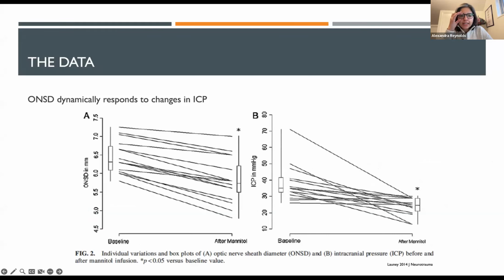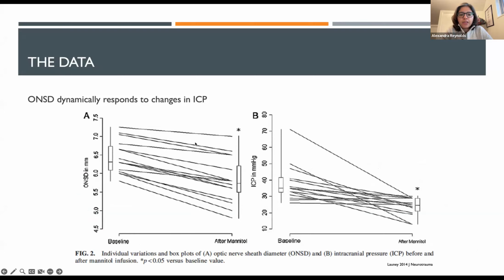What we've also seen is that the optic nerve sheath diameter will drop after you treat elevated ICP. And so this is a study in patients who did have invasive ICP monitoring, and they concomitantly did optic nerve sheath diameters as well. And they did baseline when there was a high ICP, and then about 20 minutes after mannitol was infused. And you can see that there is a difference.